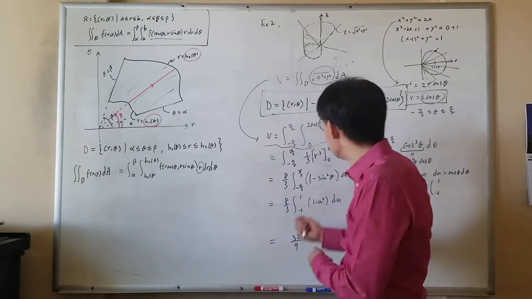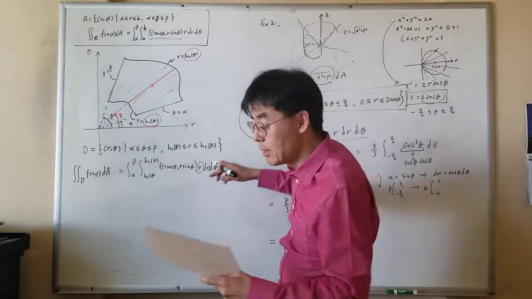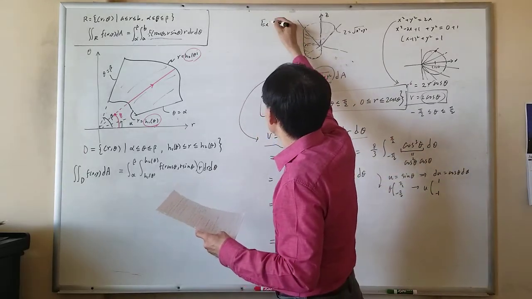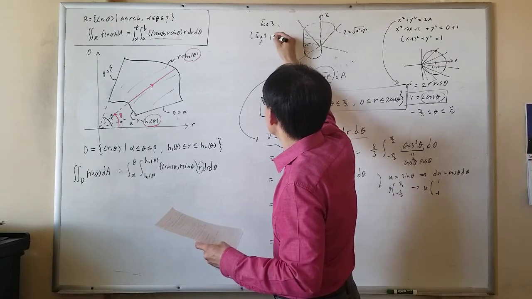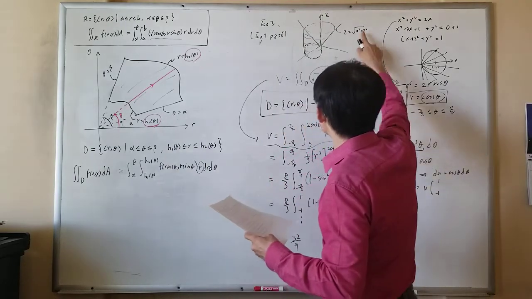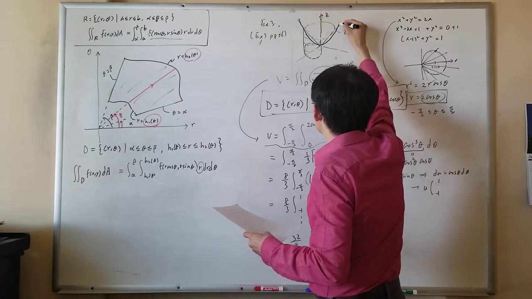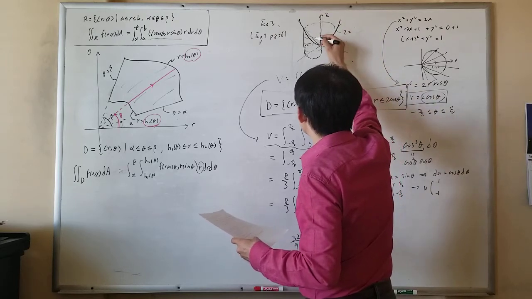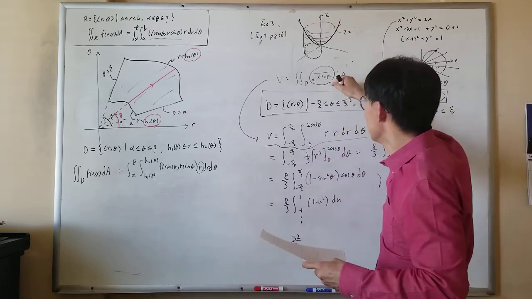Now, example 3, which is the same as example 3 on page 856. Instead of this, you will have a paraboloid, right? A paraboloid cut on the top.